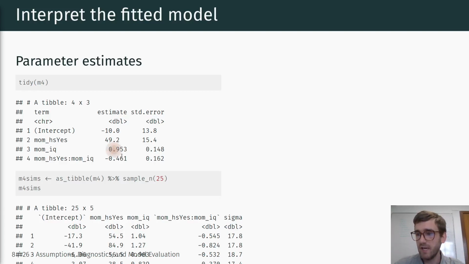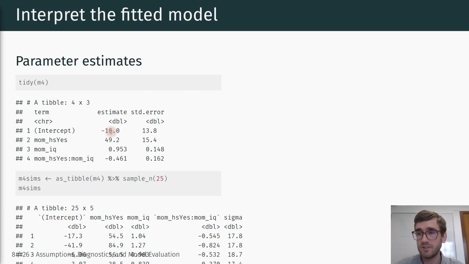And we include an interaction here between mother's IQ and high school education. So that means that, for example, the coefficient for high school education indicates the expected difference in the children's test score conditional on the IQ being equal to 0.